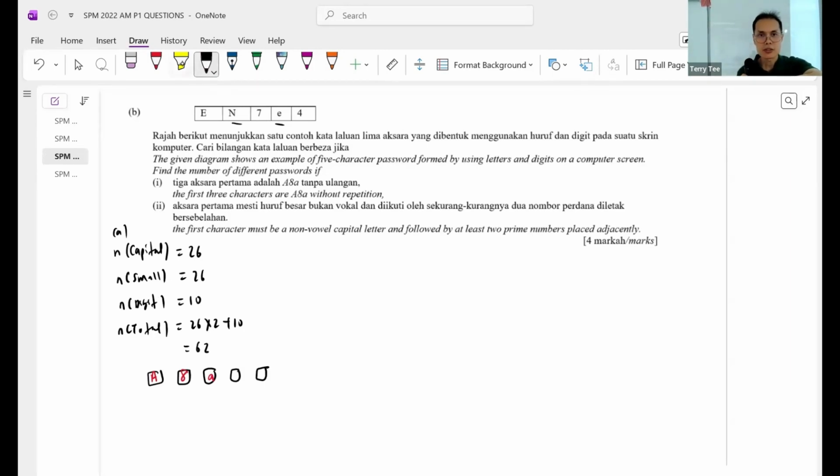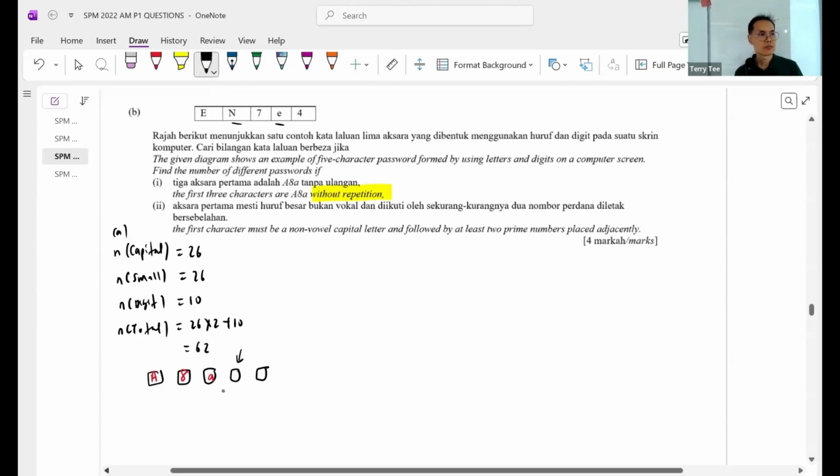The question mentioned without repetition, so you cannot use the same method. How many options are left? You need to take 62 minus 3. You cannot use back the ones already fixed.